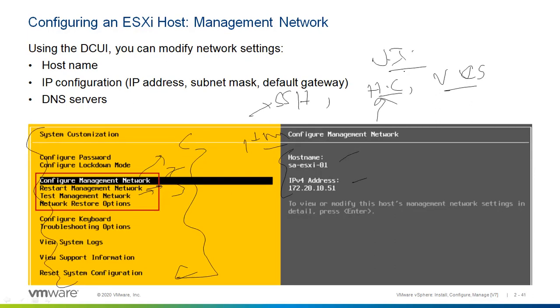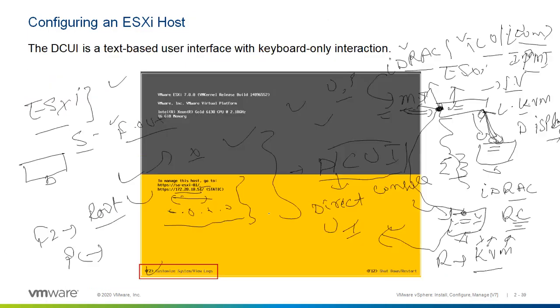So when I need to come back to this DCUI console, I only have to monitor it, and if I am not able to access it through vCenter, not able to do HTTPS and all, then only we will take the help of the ESXi shell or SSH. Or for some reason, even if I am not able to do SSH, then I have to jump back into this DCUI console. So how will I jump back into this DCUI console?